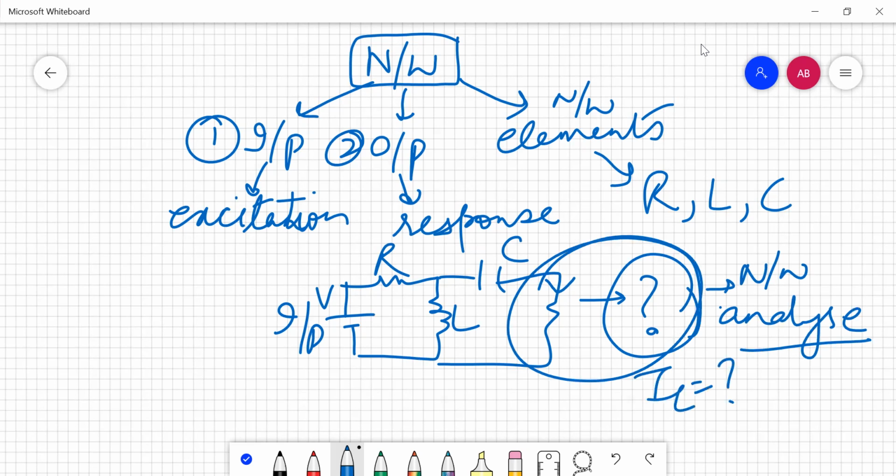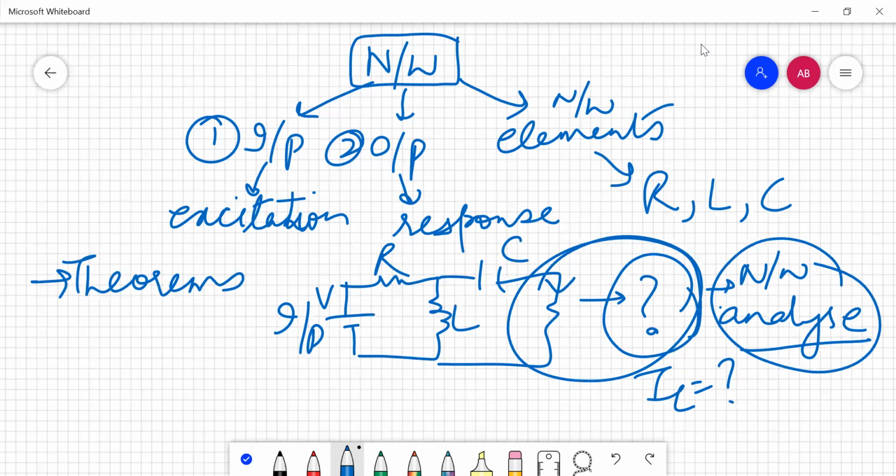So now we are going to talk about the methods that we discussed. The methods used for network analysis were all the theorems that we discussed. You covered Norton's theorem, Thevenin's theorem, superposition theorem, maximum power transfer theorem.